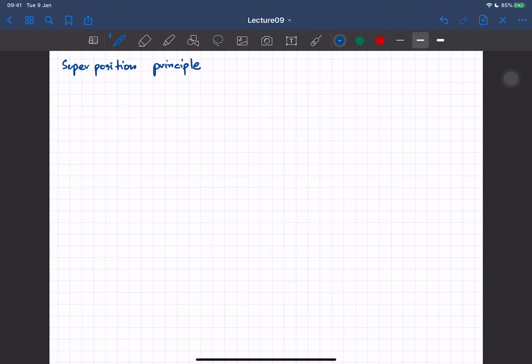The thing is that we are talking about waves, so what we need to do is to find the solution to the wave equation, right? So you probably remember that we have some wave equation that looks something like this.